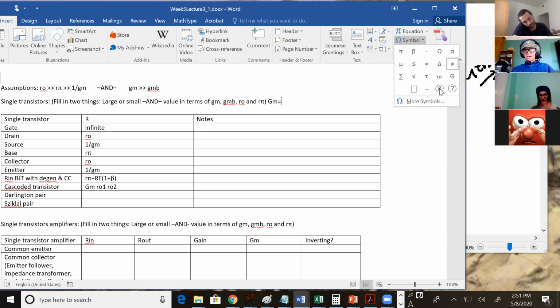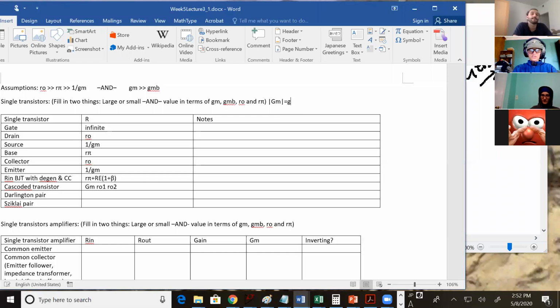Okay, so GM of any single transistor amplifier, we'll put an absolute value sign around it, except for a common emitter with degeneration, or anything with degeneration, is just gm. Okay, that popped out of nowhere, so I'll slow down on Monday.